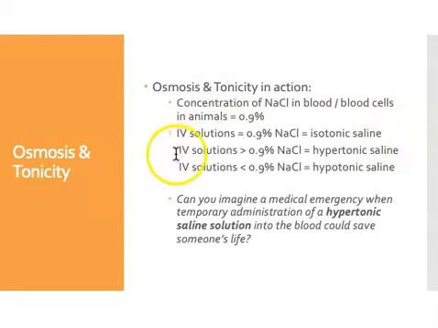If I were to put a solution into your vein that had a higher concentration of salts, greater than 0.9%, I would be giving you a hypertonic solution, because the amount of salt in the solution is higher than what's inside the cells.